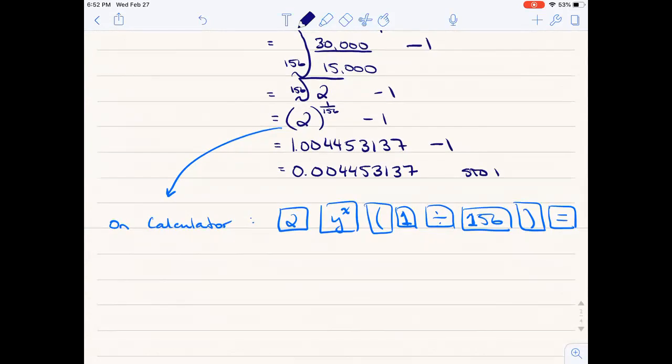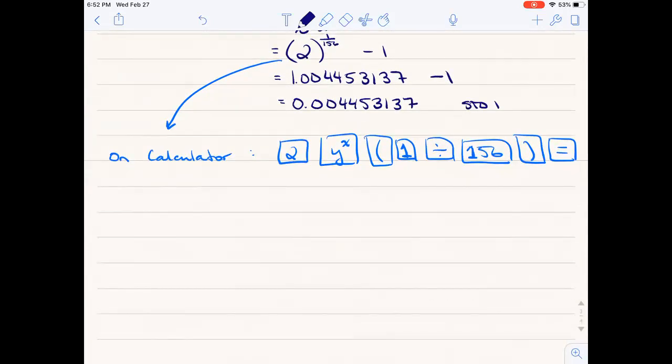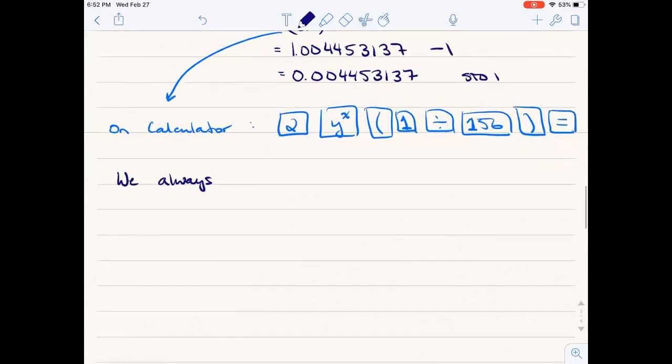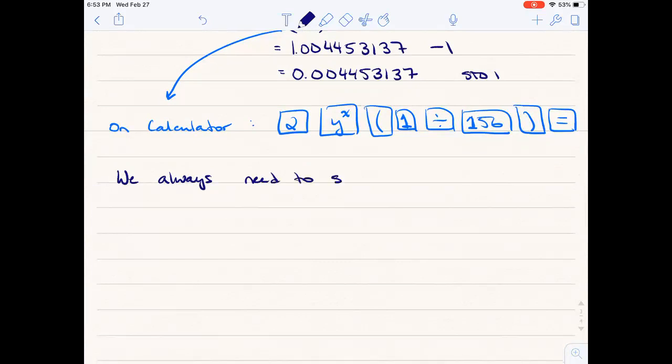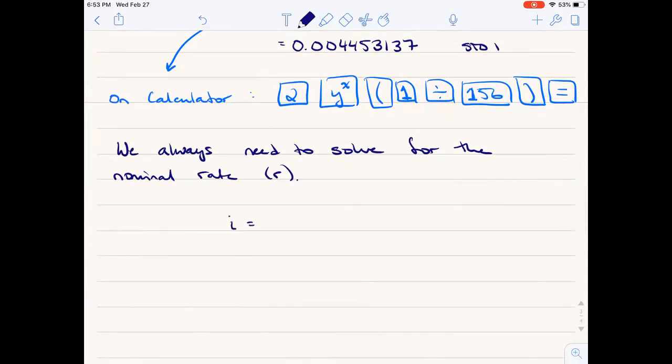Okay. We always need to solve for the nominal rate, R. Here we found I. So remember, I is R over F. You know I, and you also know F. F is the compounding frequency, which is 12 for this question.